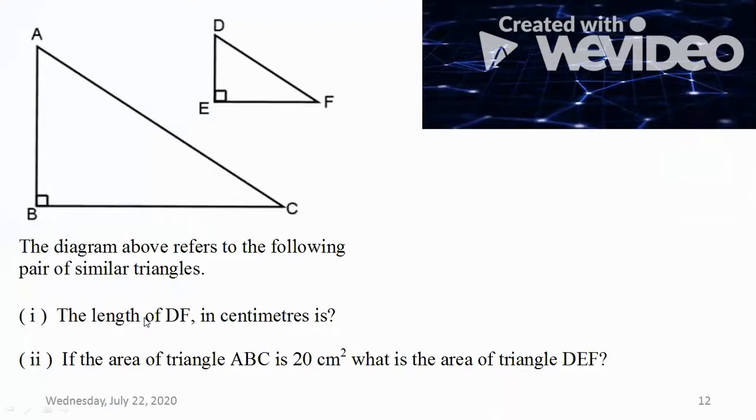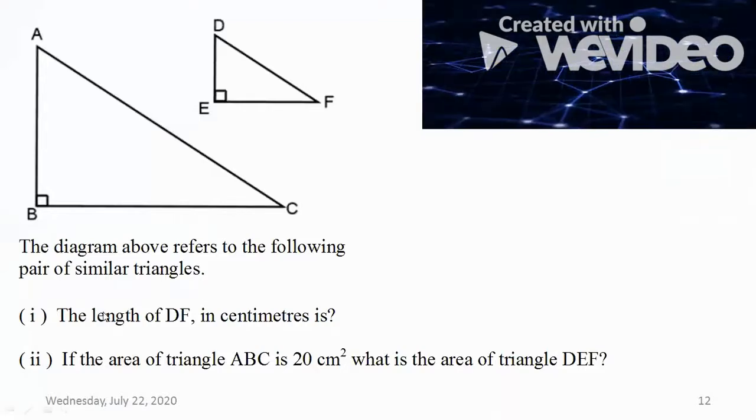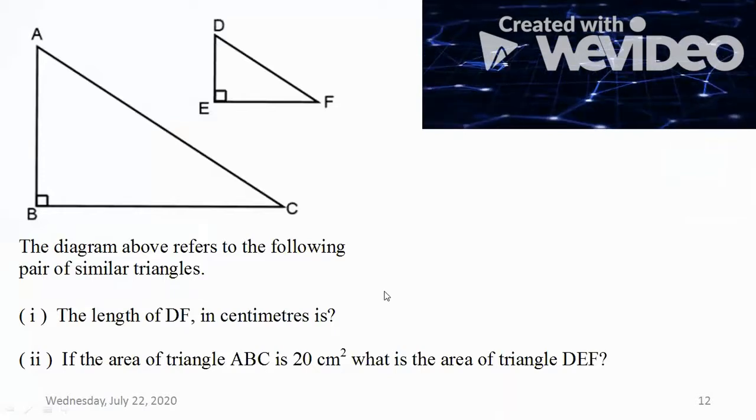For this question, some values were omitted, so let me write in the values here. This would be 6, this would be 7, and that's 3. Let's answer the first part of the question.